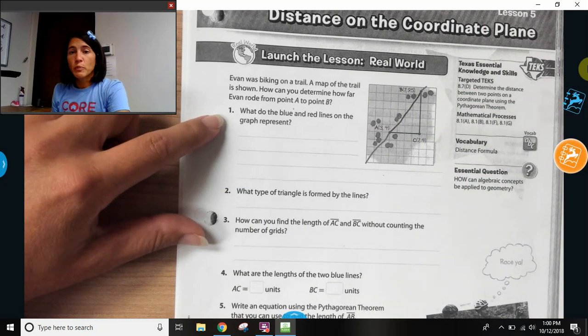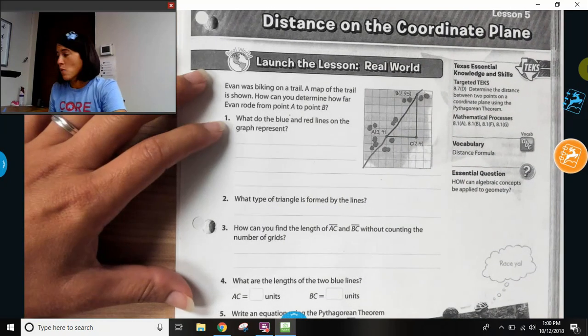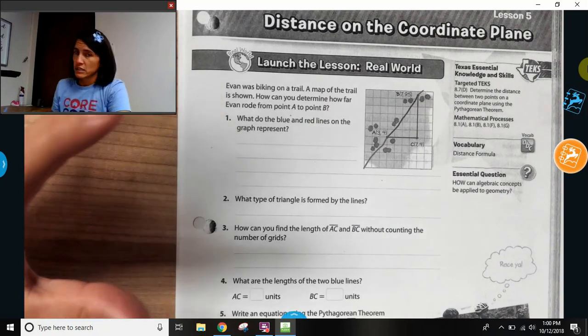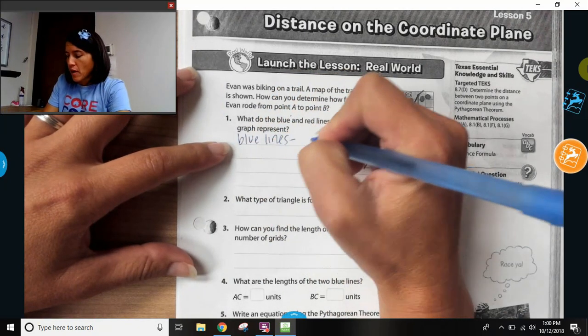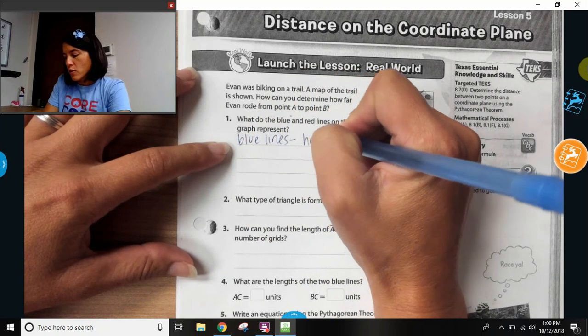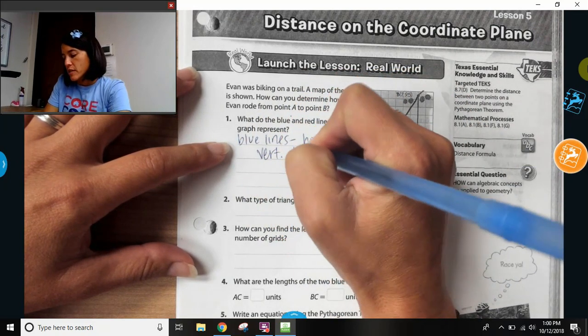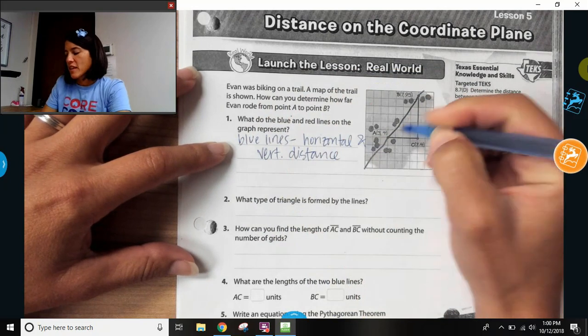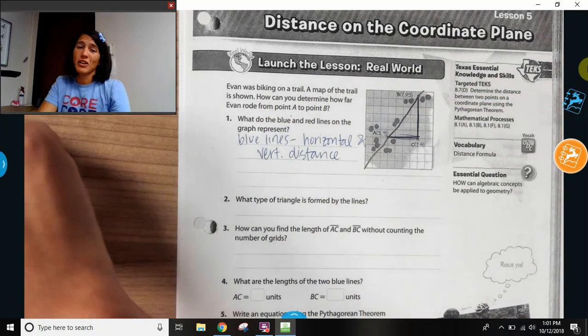So question number one, what do the blue and red lines represent? Well, my picture is black and white, but I feel like, if I remember, okay, the blue lines are the horizontal and vertical distances. I think these are blue. I could be opposite.